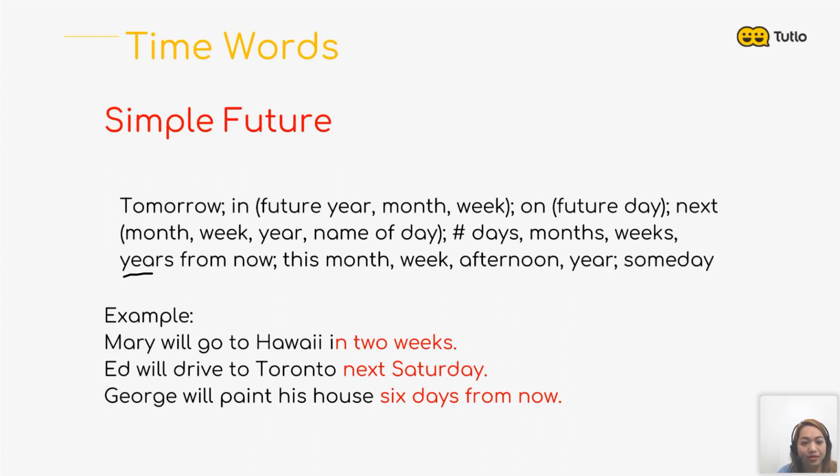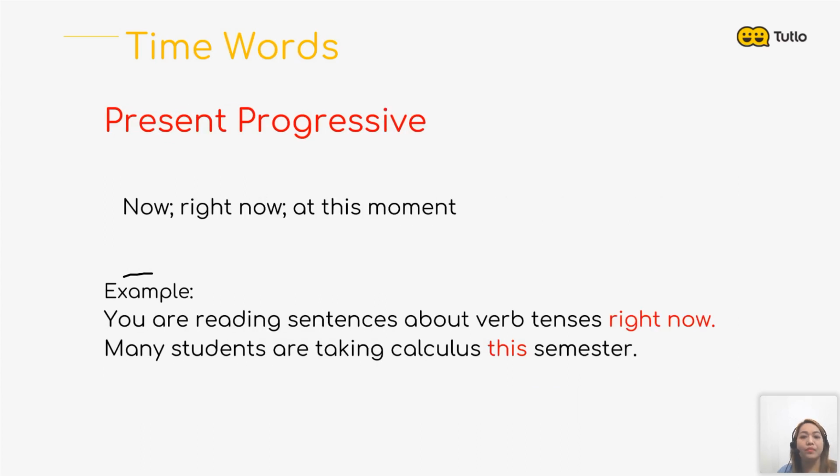This is another one that is confusing to some people. Present progressive. They confuse it with present simple. Present progressive is another term for present continuous.